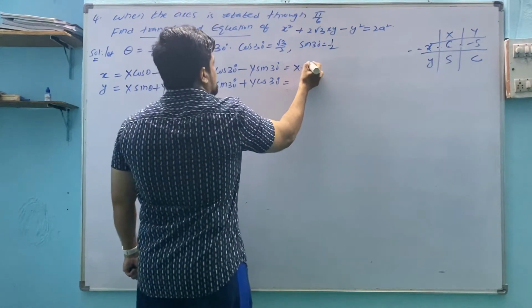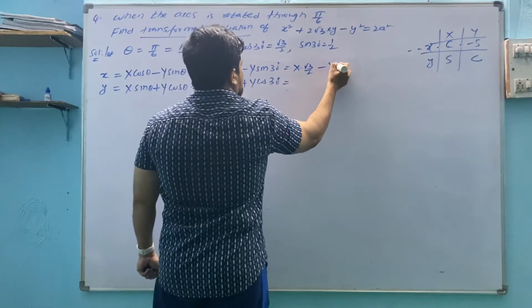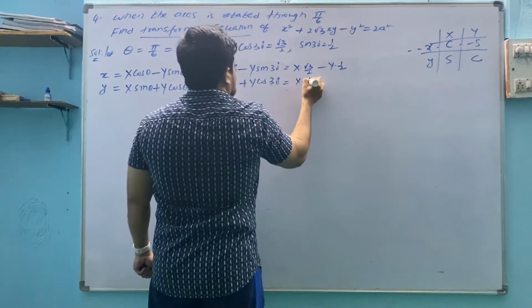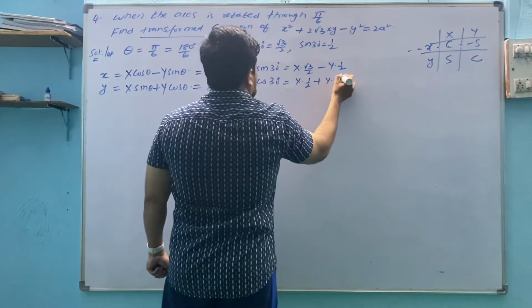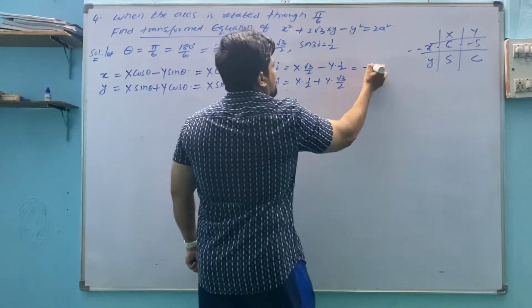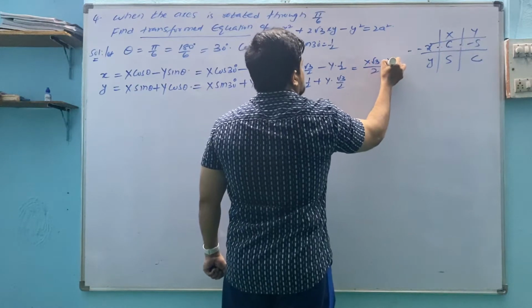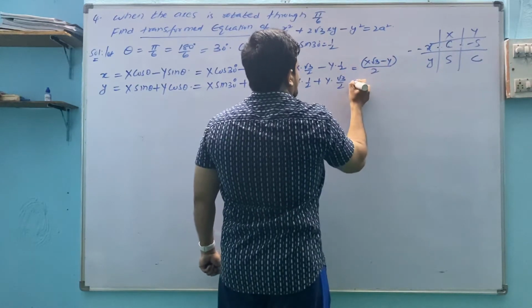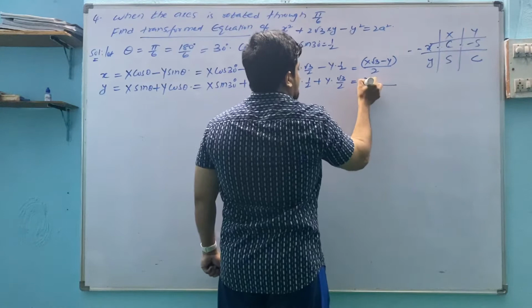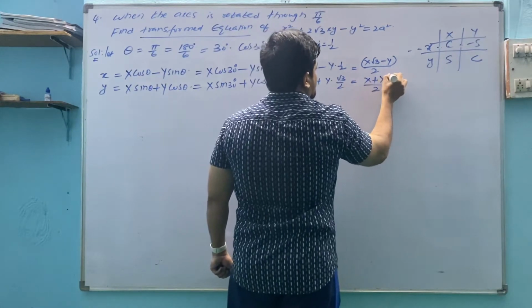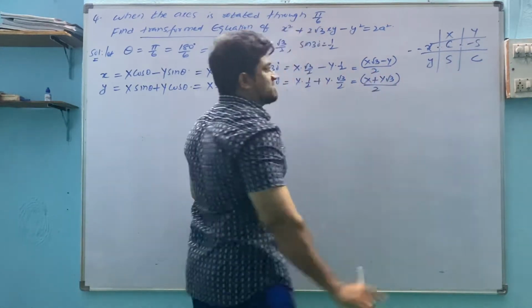So x into root 3 by 2 minus y into 1 by 2. X into 1 by 2 plus y into root 3 by 2. By 2 is common, we have x root 3 minus y. Here also 2 is common, x plus y root 3. So this is the case we have.